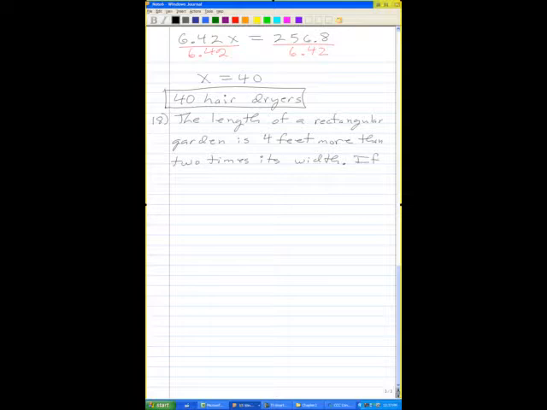If the perimeter of the garden is 32 feet, find its dimensions.